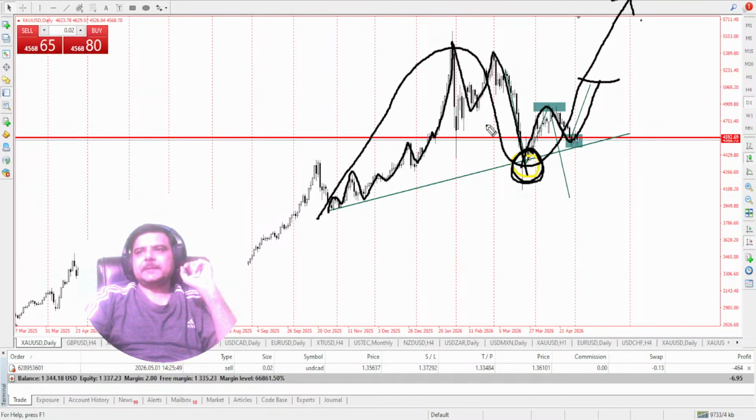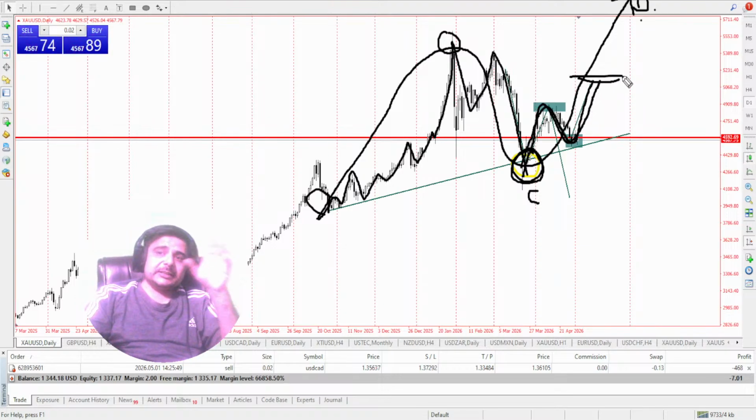Got it? From here A, B, C, and that's the D. And now on the daily time frame, another ABCD pattern is suggesting us this. What is the hurdle?